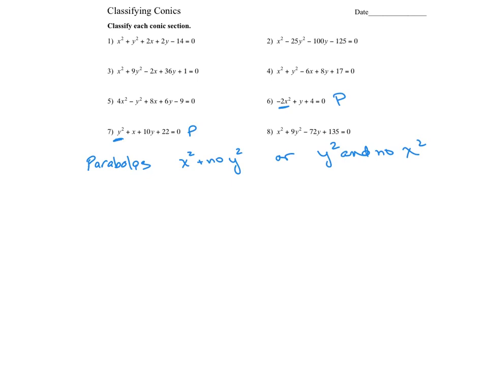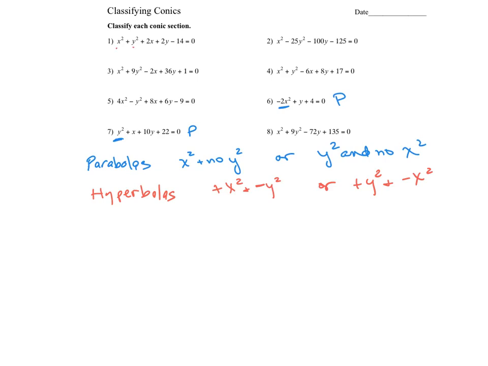Then you're going to find your hyperbolas. Hyperbolas have a positive x squared and a negative y squared, or a positive y squared and a negative x squared. So I'm going to go and look. These two are both positive.